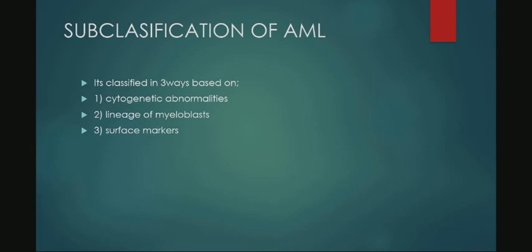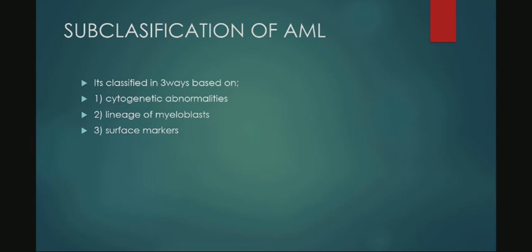And this classification is done based on the phenotype of the blast cell. The next thing we mentioned is that the two main types can be further subclassified based on the surface markers.